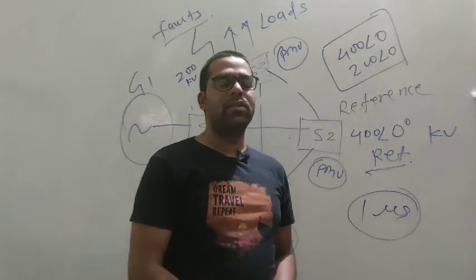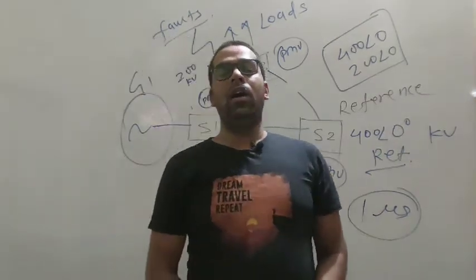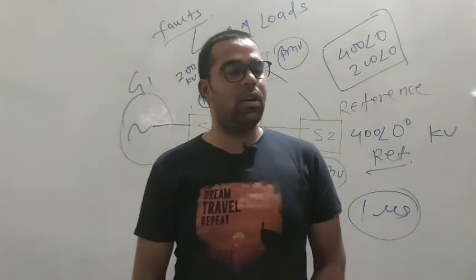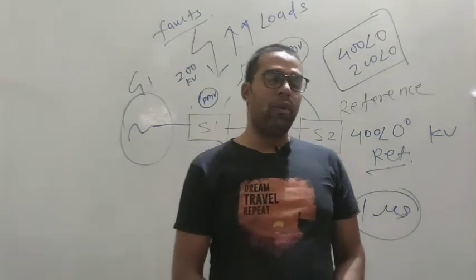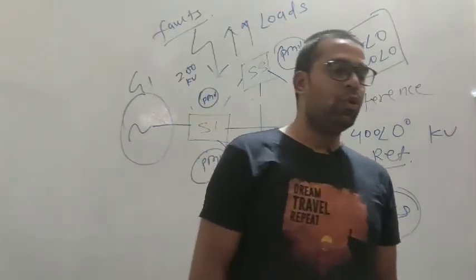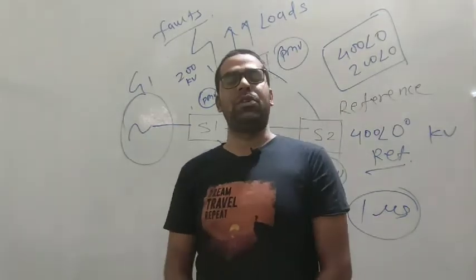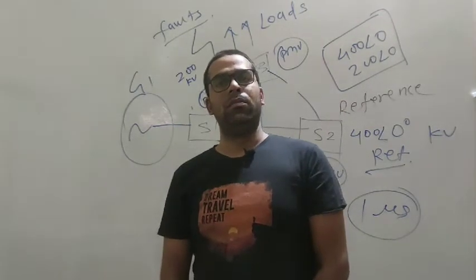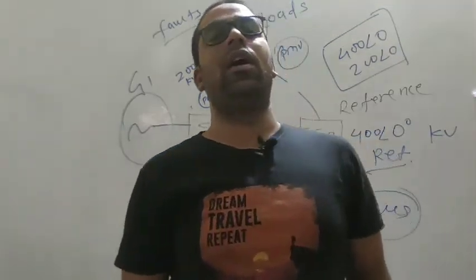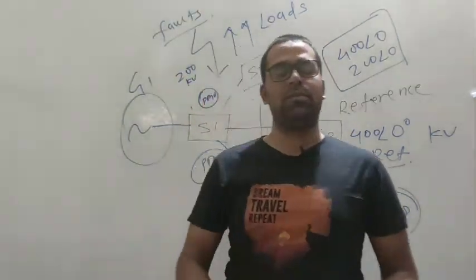So what was happening in SCADA? In SCADA, at least 1 to 3 seconds were required to send that specific data to another substation. Means there was no accuracy, there was no synchronism.